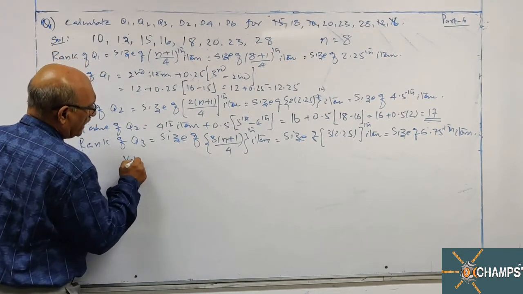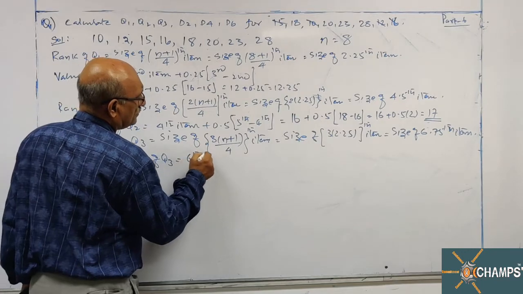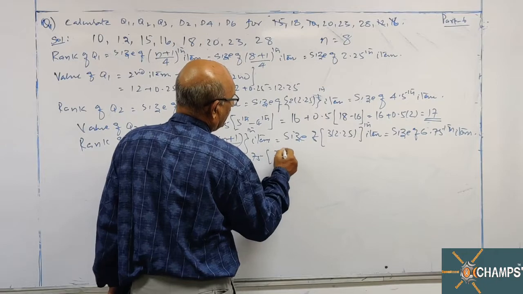So value of Q3 is equal to sixth item plus 0.75 into (seventh minus sixth).